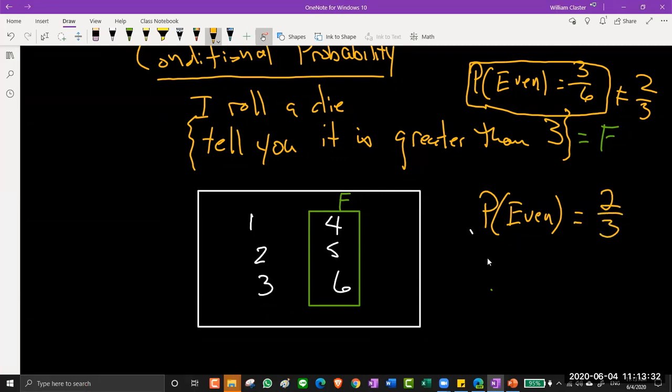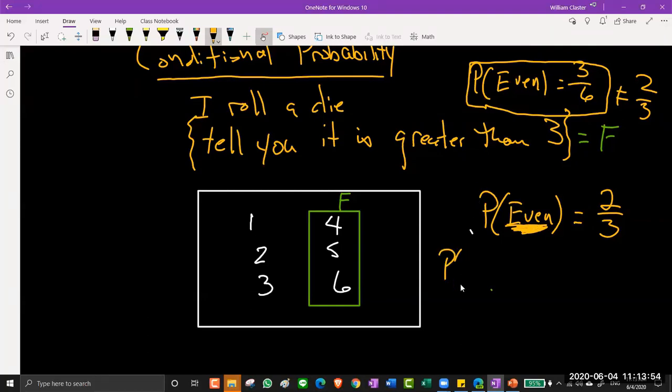Okay, I agree with that. Now I want to rewrite this question, because just saying this is not very good, because the probability of even is 3/6, not 2 out of 3. I didn't write the question properly. So I want to rewrite the question.